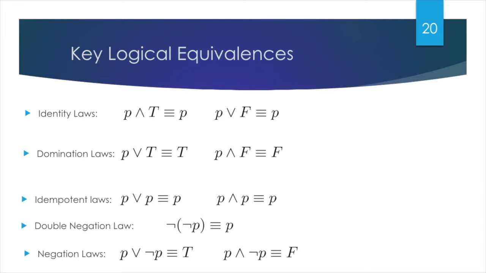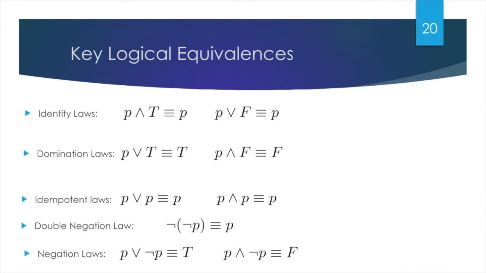Now with the domination law, here we are saying the other way. If you make an OR statement between P and a tautology, the tautology will be the one that dominates the truth table. So the outcome of this is always true. It will always be a tautology.